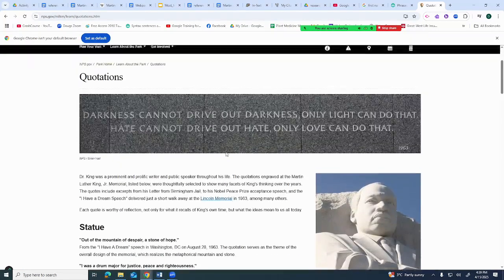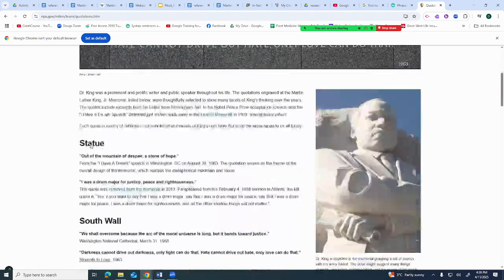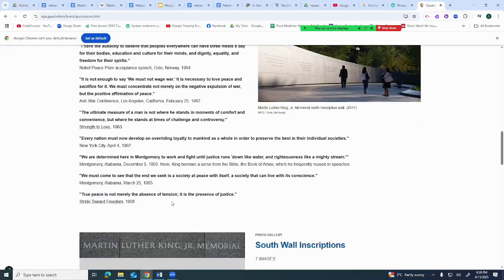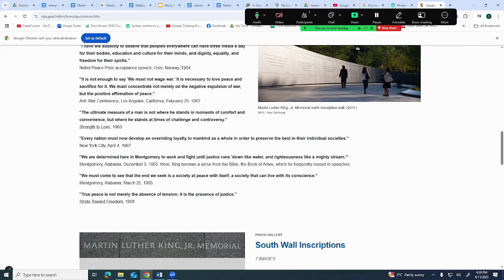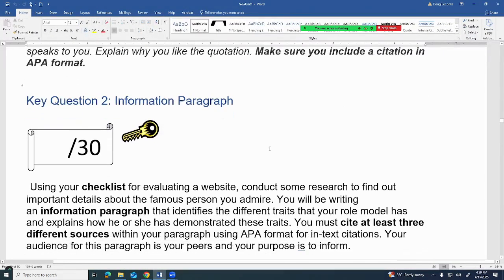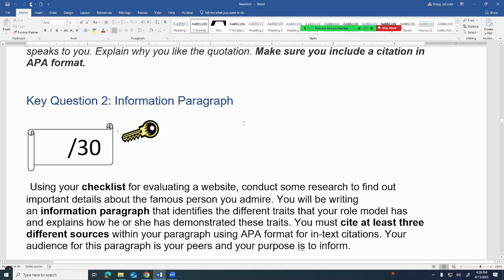And that would identify where we got the quotation from, right? So you get that, right? We're starting small here. The next key question that we do will be with a little more detail. That's the information paragraph. Now we've gone over how to write an information paragraph.